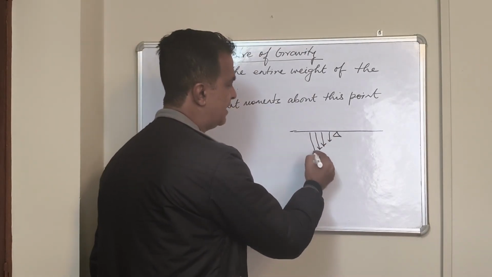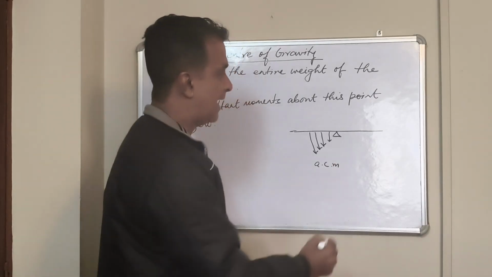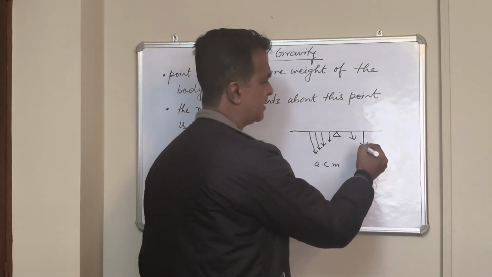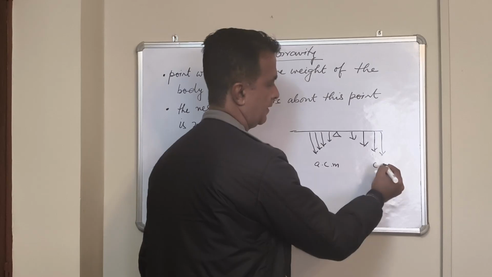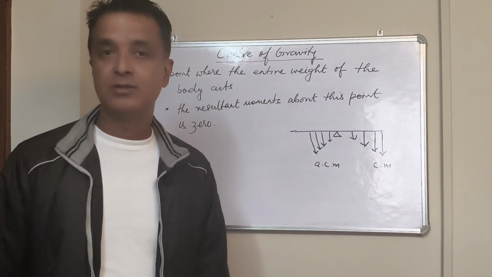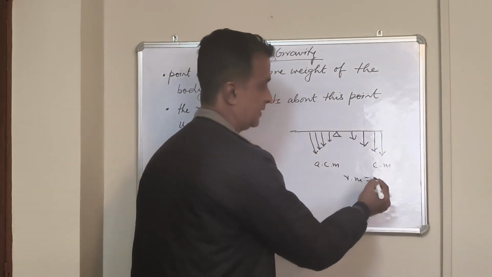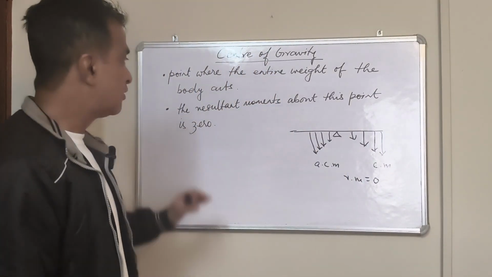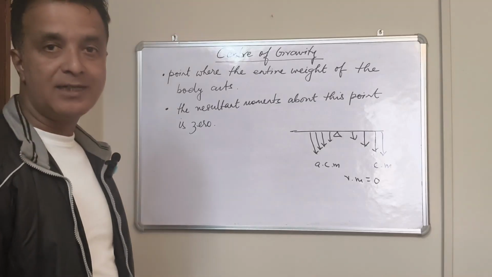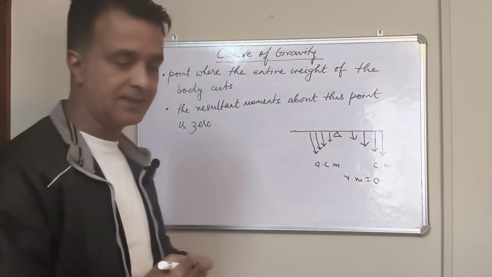So there are millions of anti-clockwise moments being created on the left hand side, and again there are millions of clockwise moments. But at the center of gravity, they cancel out each other. The resultant moment is zero. This is the meaning of it. So center of gravity is where the entire weight of the body acts, and the resultant moment at this particular point is zero.